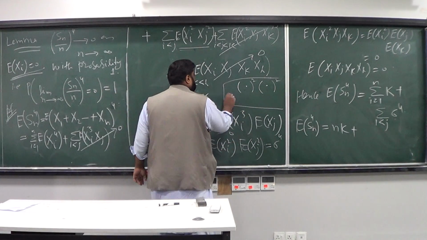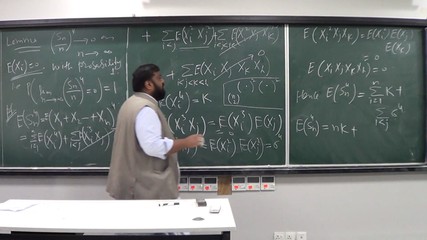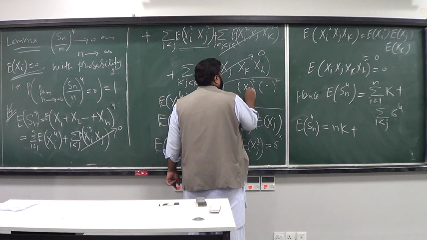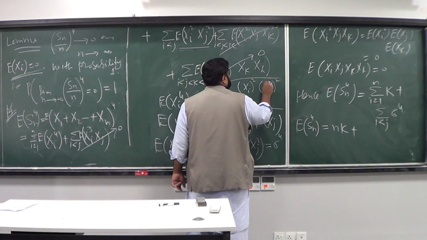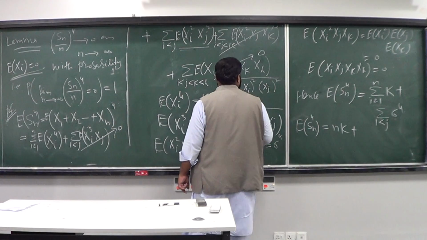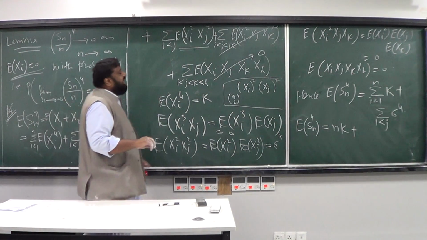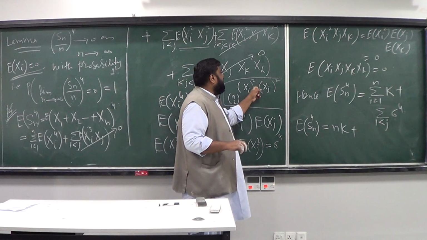So the first is going to be n choose 2. Imagine you substituted xi and you substituted, say, xj. What is next? The question is, how many terms are going to contain xi square, xj square?